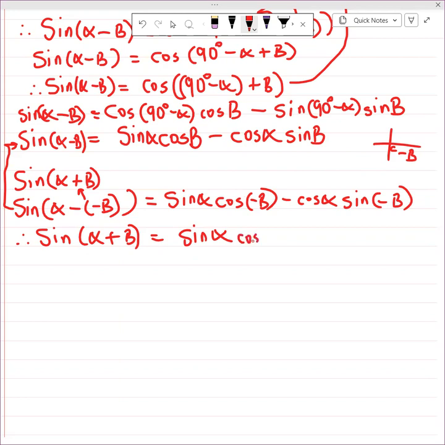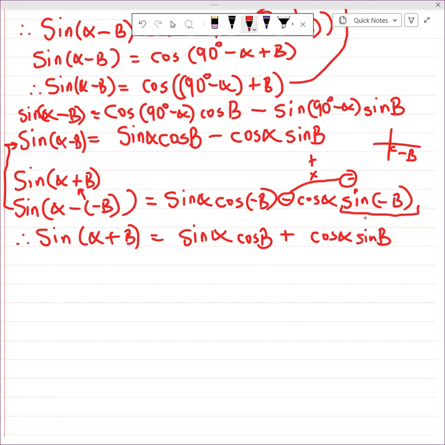So we're just going to have cos beta. And then here, we're in the quadrant of cos, but we have sine, so it's going to be negative. So the negative from here, this will be negative. So this negative and that one will multiply together to give us a positive. So here we're going to have plus. Then you're just going to have cos alpha sine beta.